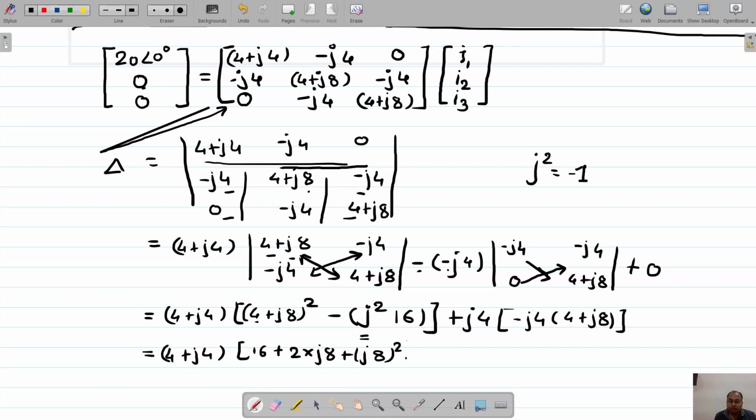So minus 1, minus 1 minus 1 is going to become plus, so it is going to become plus 16. I am doing it directly.